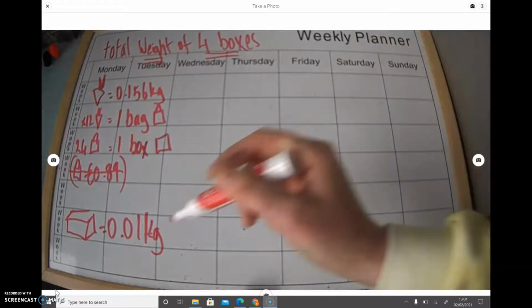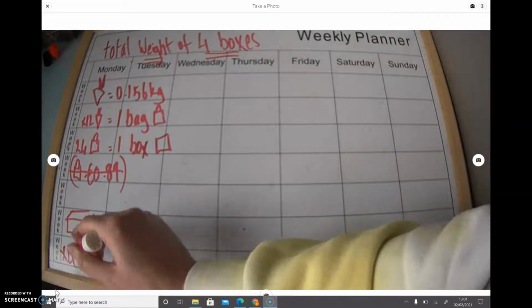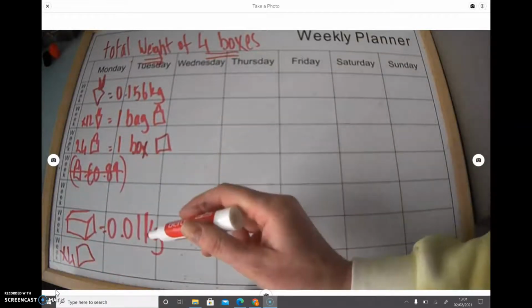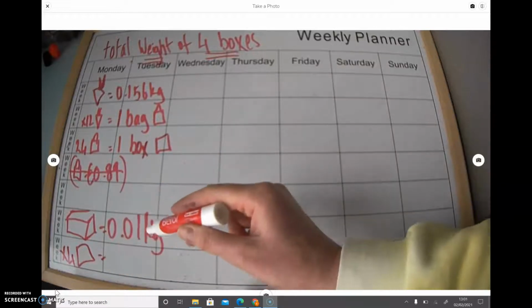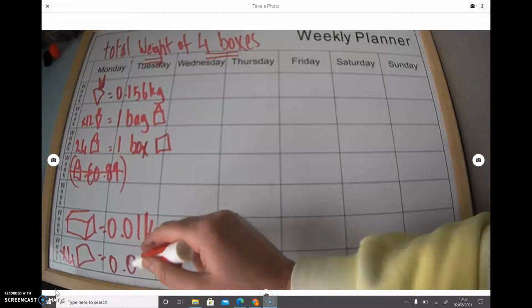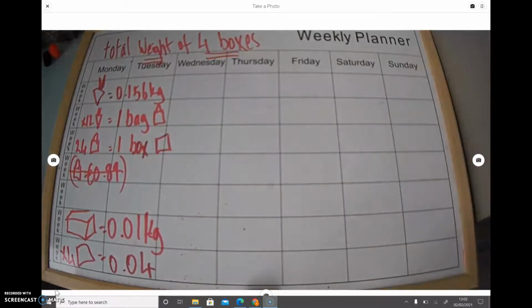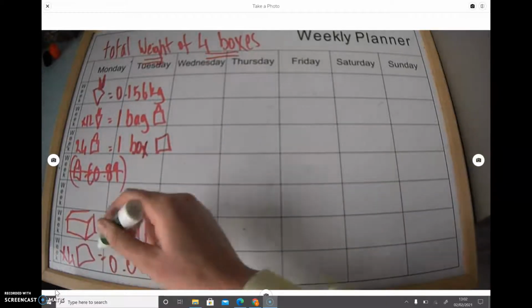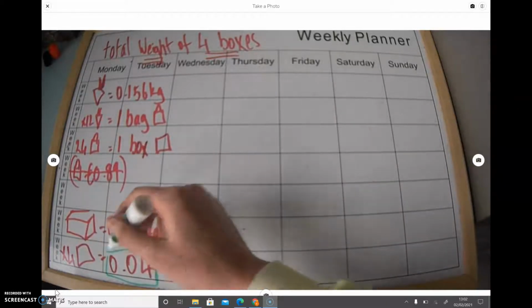How will I find out about 4 boxes? 4 empty boxes, what will they weigh? 0.01 multiplied by 4. So that would be 0.04 kg. And that's important information. I need to know that at the end.